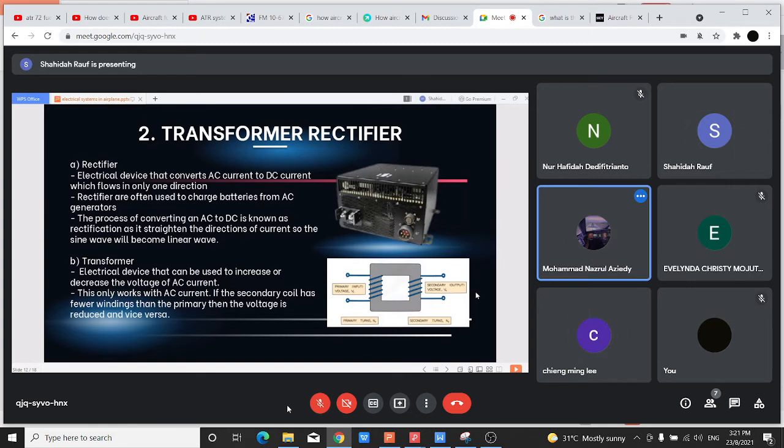Go ahead. If the aircraft takes off during rainy conditions and suddenly lightning strikes the aircraft, will it affect the electrical system of the aircraft? Depends on the bonding of the aircraft and the lightning discharge.